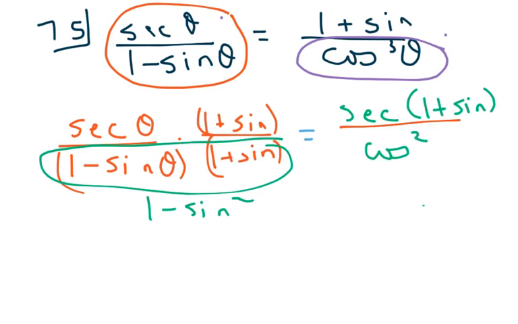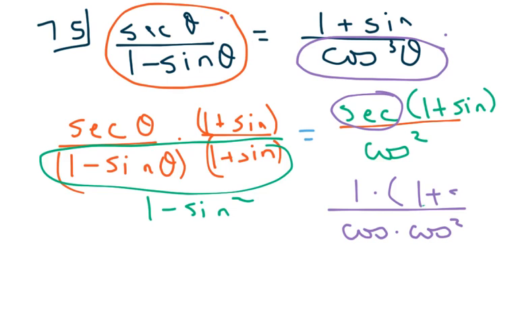I'm going to write this as secant is 1 over cosine. So this is 1. Here, I'll do it here. This is 1 over cosine. So basically we have 1 over cosine times cosine squared times 1 plus sine. And so that gives us 1 plus sine over cosine cubed.